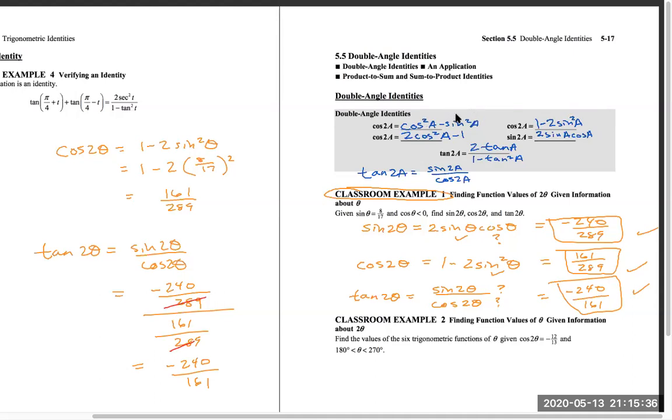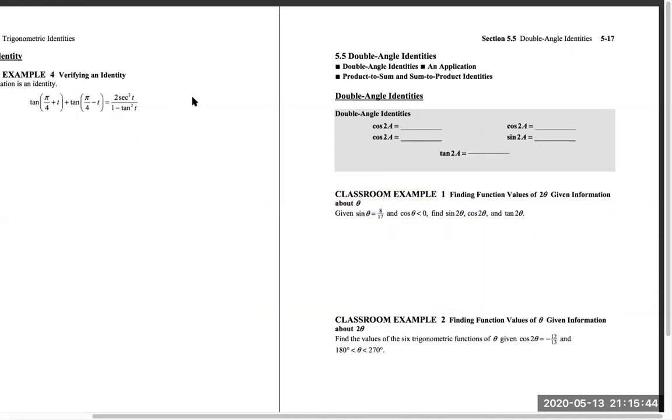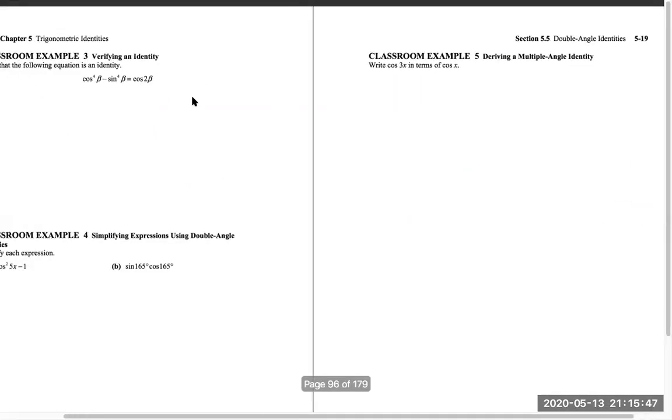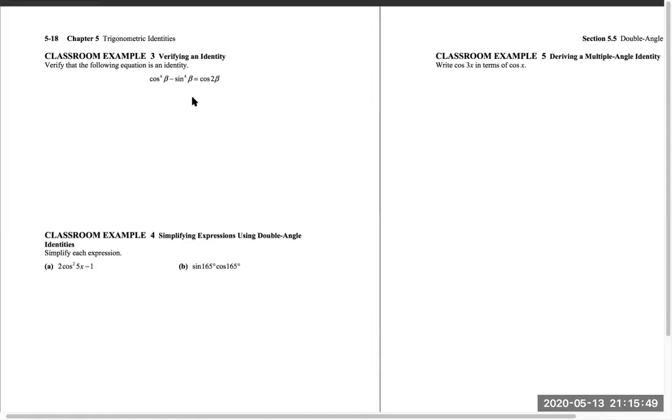I'm going to go ahead and clear all this out and go to the next page. So I'm actually going to be covering 2 problems, but I'll just start with this first one, classroom example 3 here, to show you some of the identity problems.